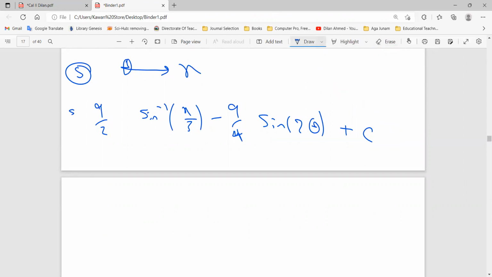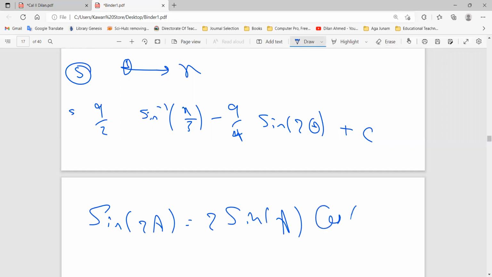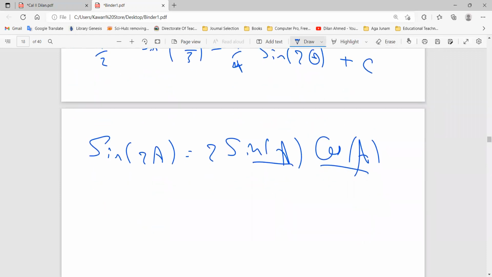We should use this property: sine of 2a is equal to 2 sine a cosine a. You remember that one. Now I have sine and cosine, so it's easy. So sine of 2 theta is equal to 2 sine theta cosine theta.